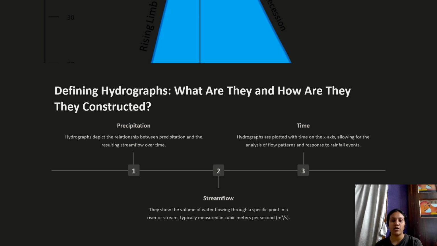Defining the hydrographs, what are they and how are they constructed? Precipitation. Hydrographs depict the relationship between precipitation and the resulting stream flow over time. Stream flow, they show the volume of water flowing through a specific point in a river or stream, typically measured in cubic meters per second, which is denoted by m cube per second or m³/s.